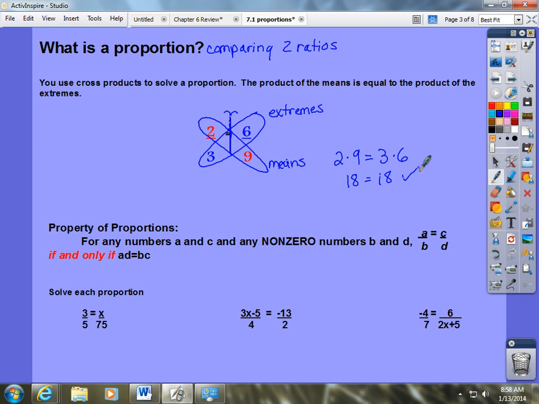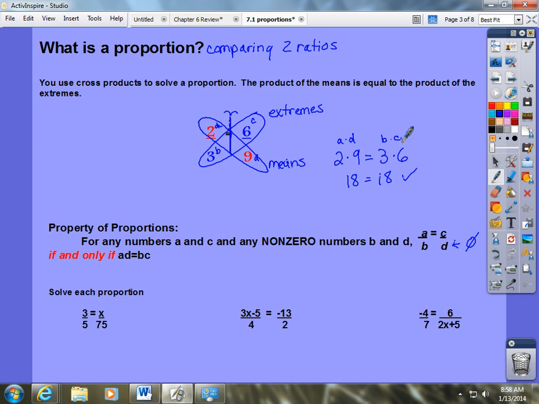The property of proportion says that for any numbers a and c, and any non-zero numbers b and d, that means that these two numbers cannot be 0, a over b equals c over d if and only if ad equals bc. If this were a, and this were b, and this were c, and this were d, this is, of course, a times d, and this is b times c. So it's just saying that it works.